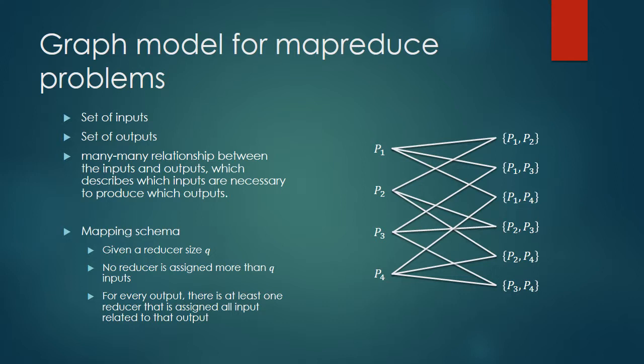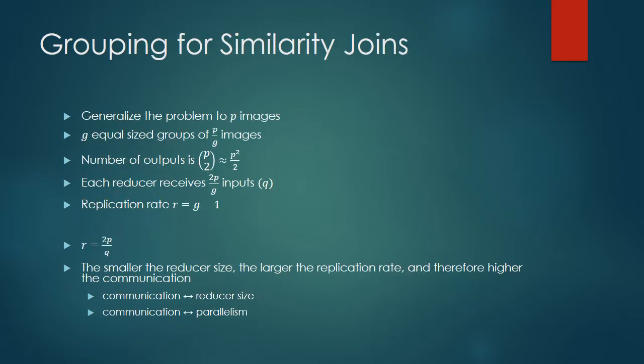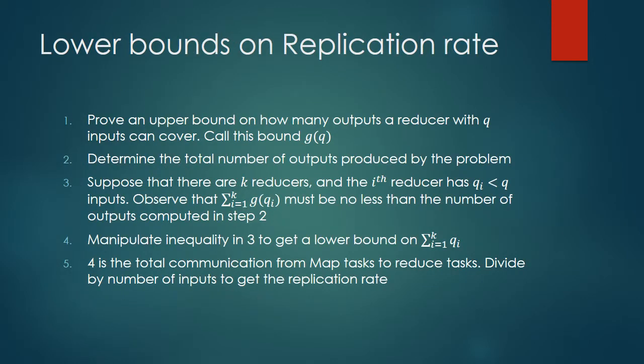All I'm doing is summing over the number of inputs on all the reducers. That's all we're doing. It's not very complicated. If you look at the steps, it becomes a little bit clearer on what we're doing. Is it clear or no?